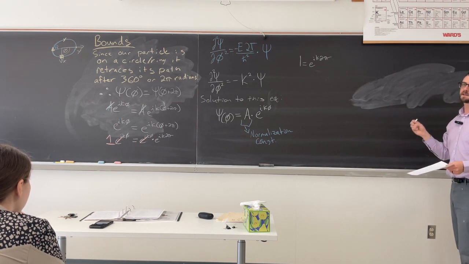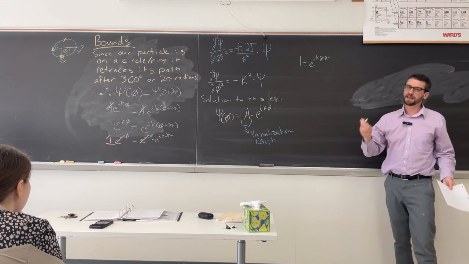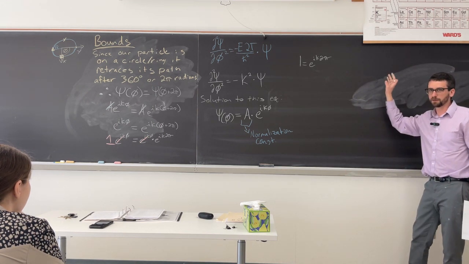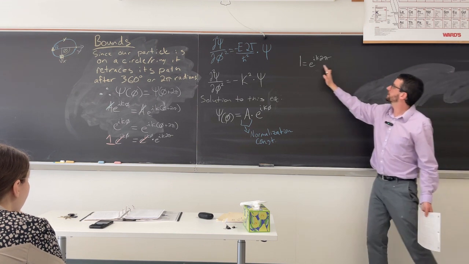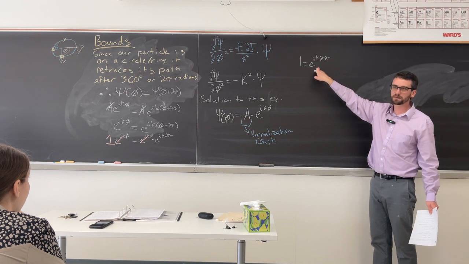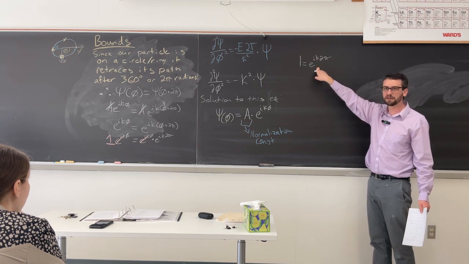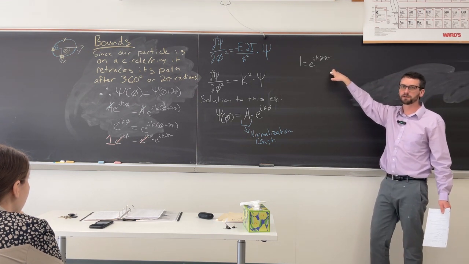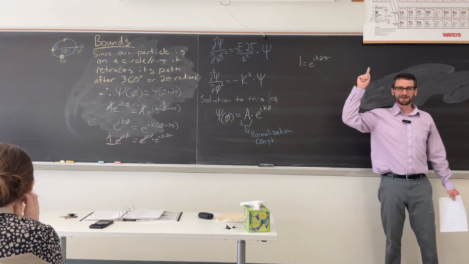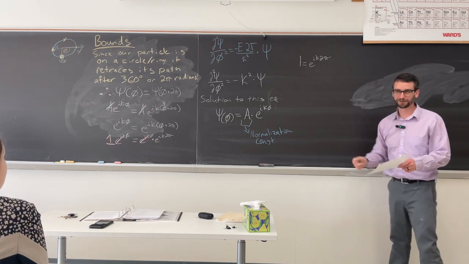Okay, this doesn't look like it's helped us to understand much right now. But what we're going to do now is apply Euler's theorem to this system. Euler's theorem states that e's, what functions can e to the whatever be broken down into? Yeah, sine and cosine. Everything can be described as sines and cosines or e's, which is cool.